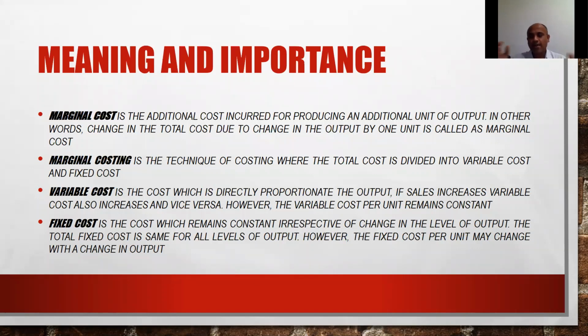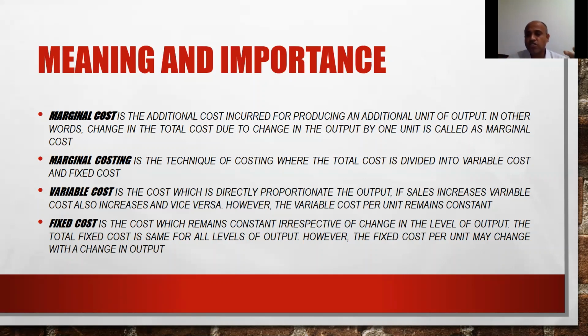Now try to understand. Fixed cost, sir. It is fixed cost, exactly. So when my output is increasing, the rent amount is not going up. It is not proportionate to the output. As my output increases, fixed cost remains constant. If my output decreases, fixed cost remains constant.